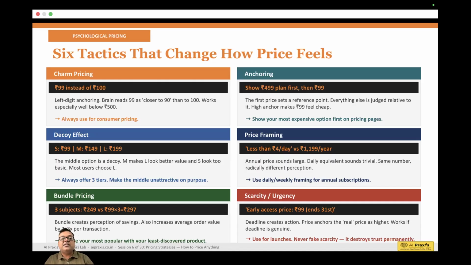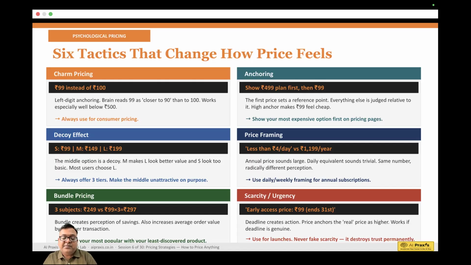You also look at the glass, the tumbler size. So the middle option is a decoy. M makes L better value and S look too basic. So most users always choose L. So always offer 3 tiers. Make the middle unattractive on purpose.